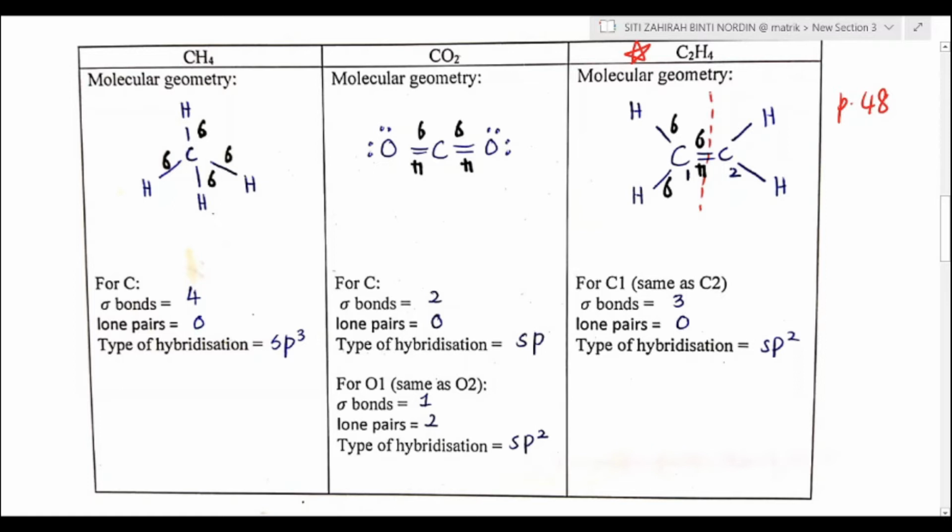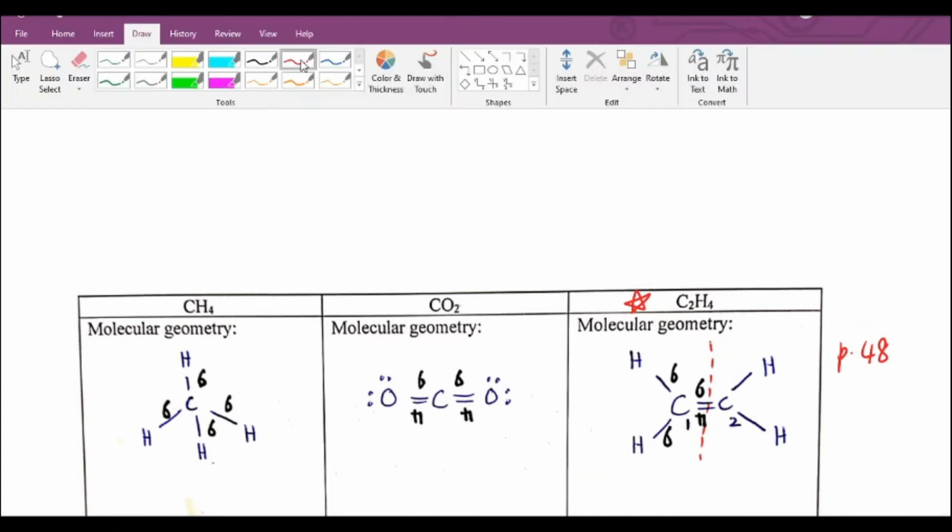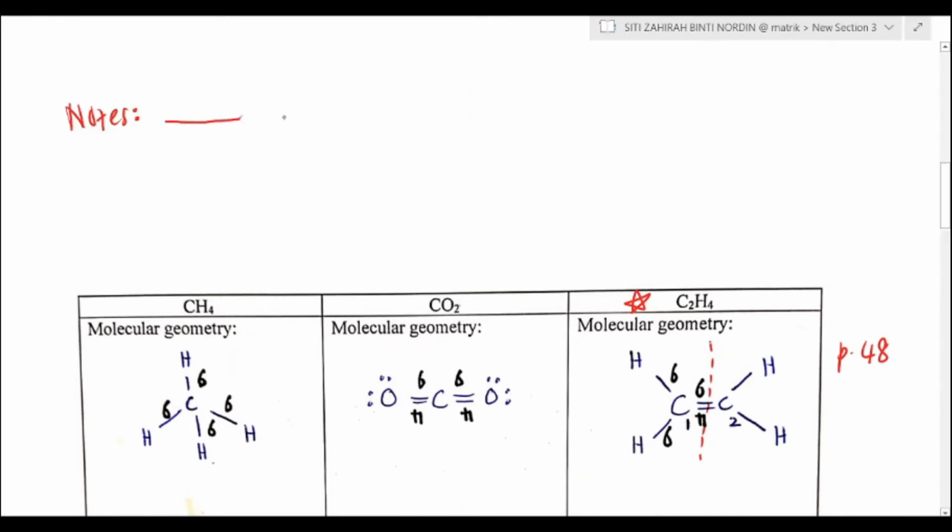The first structure is CH4. Before that, I forgot to tell you one thing, so make some notes. A single bond has 1 sigma. A double bond has 1 sigma and 1 pi. And a triple bond has 1 sigma and 2 pi.